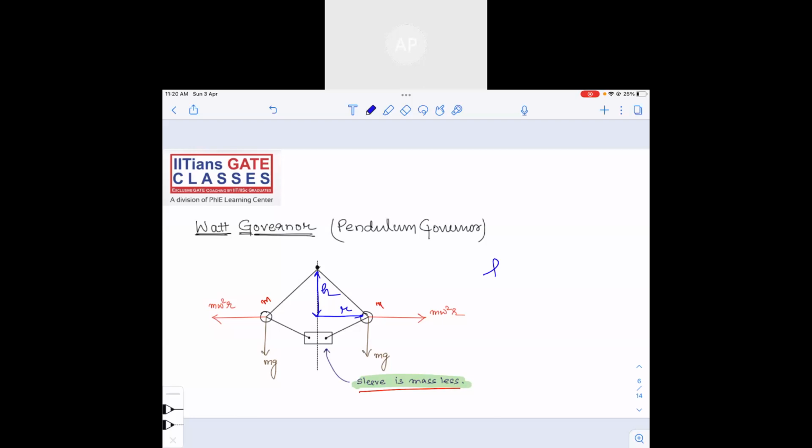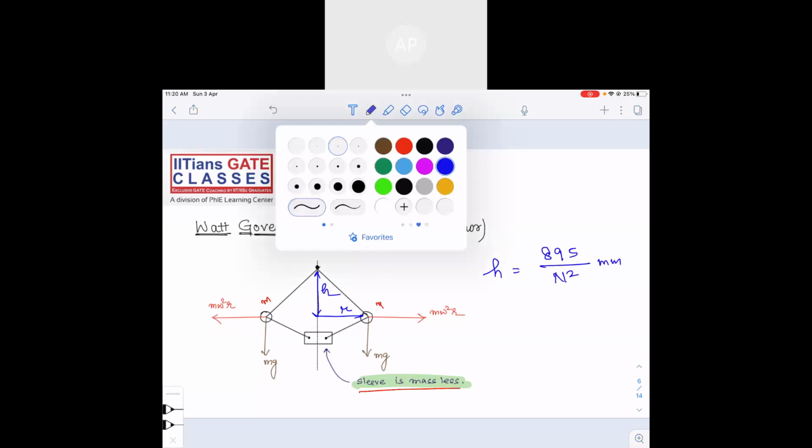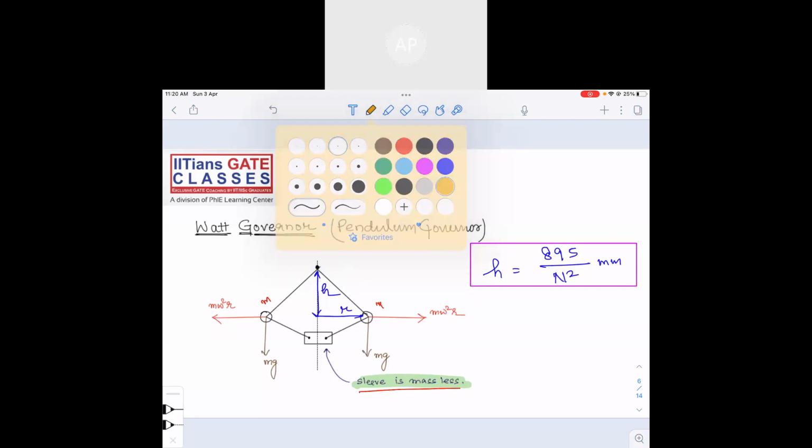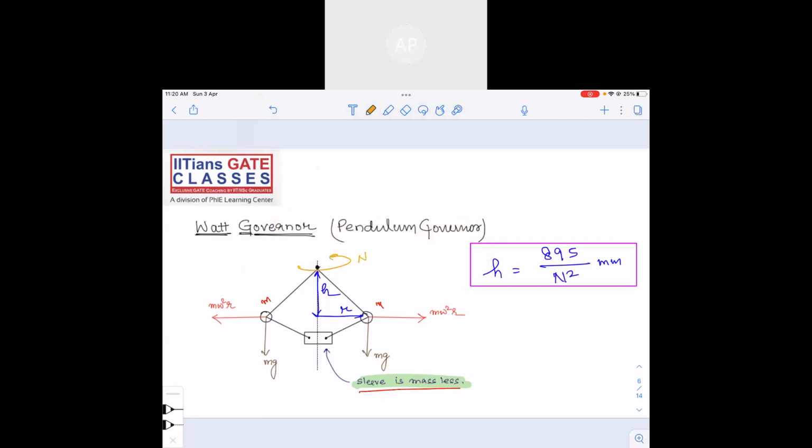So H is given by 895 divided by N square, in metres. What is N? N is the speed of rotation, in rpm, definitely. इस इक्वेशन से आपको हो सकता है you might be directly asked what is the height of the governor, right? So ये बहुत ही simple है, right?